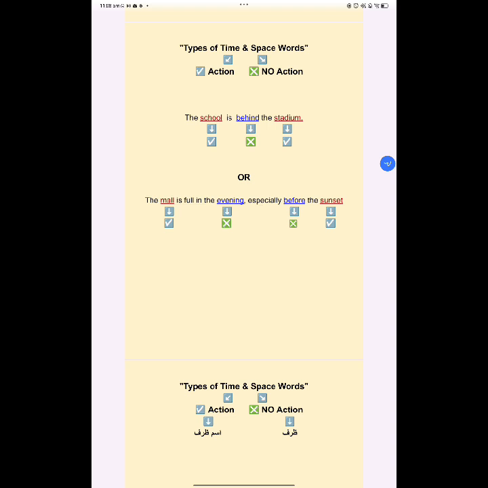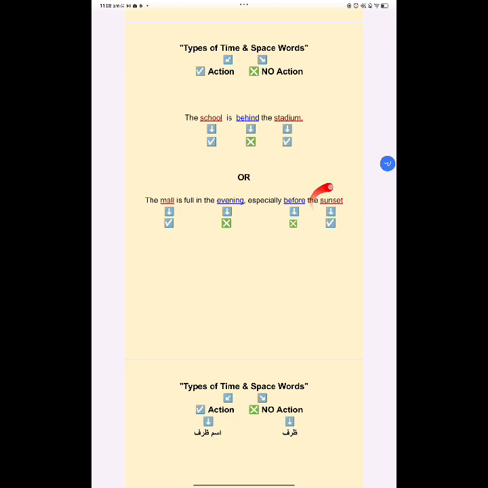Especially before the sunset. The word before is also a zarf zaman, right? Because it is indicative of time. However, it does not have any specific action associated to it explicitly, right? And then the word sunset.